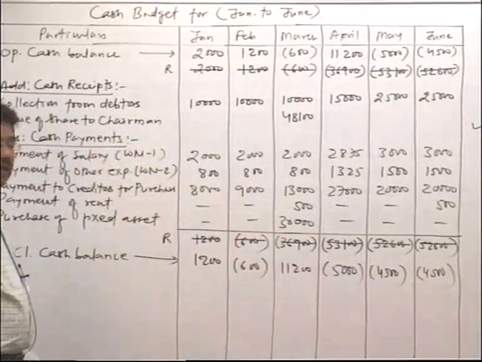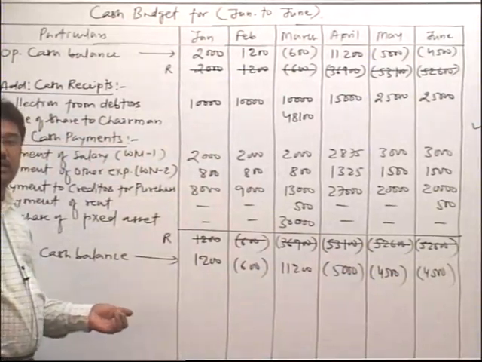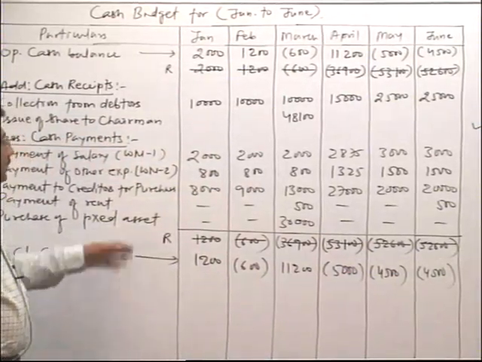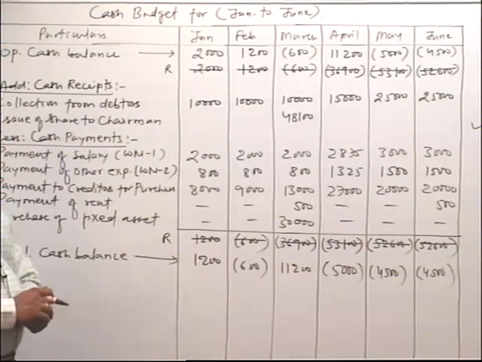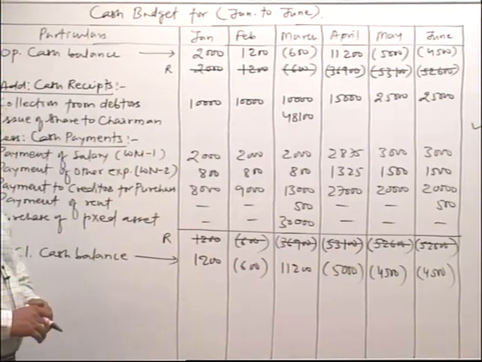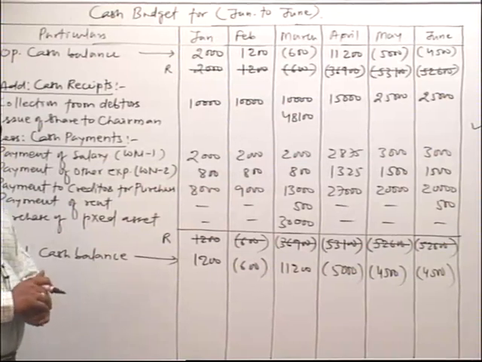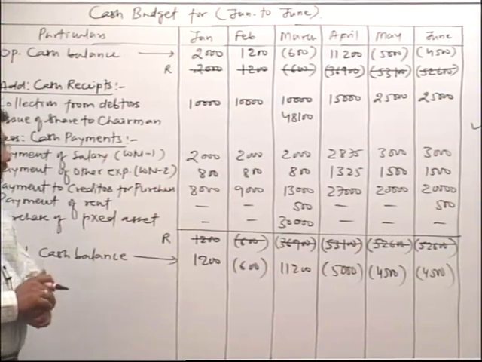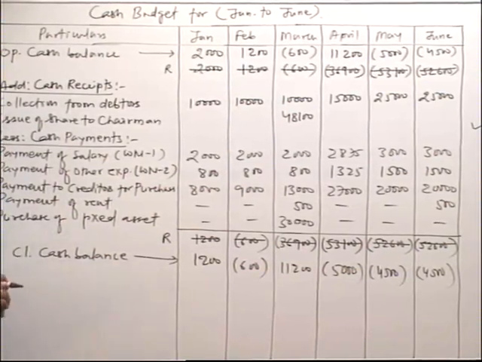Now the students are requested to ask if there is any query. Otherwise, the cash budget is over, and now we will start with projected trading and profit and loss account and projected balance sheet. Please ask your query if any.